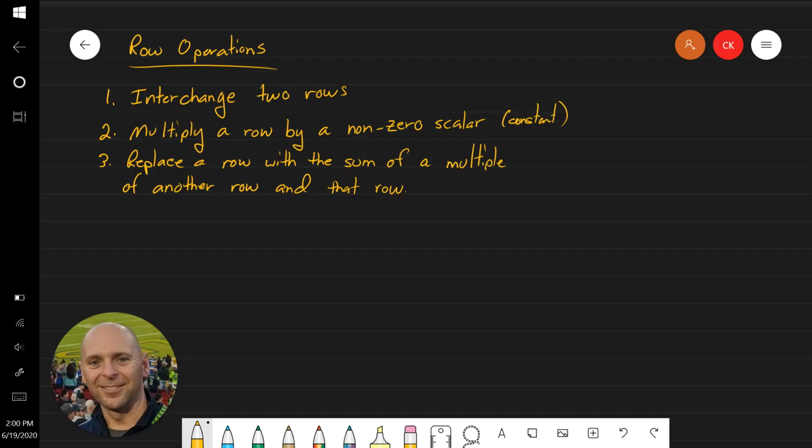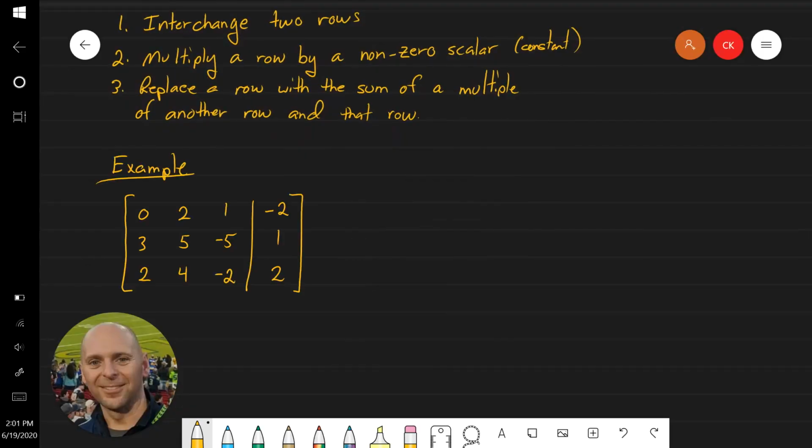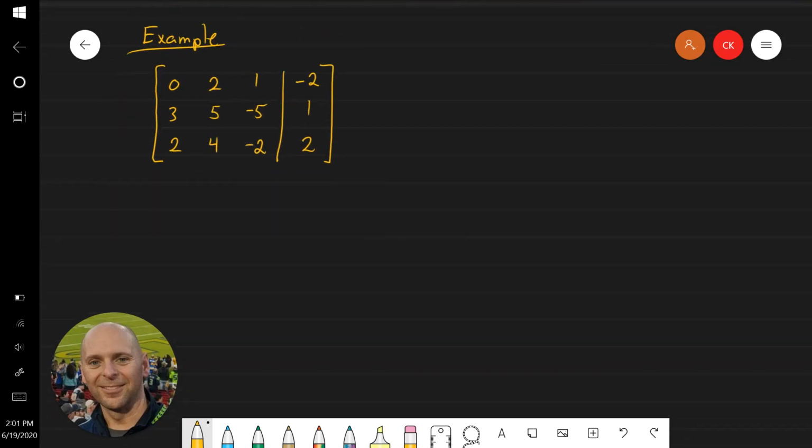So let's work through an example and see how we can apply these particular row operations. So let's start by just swapping a couple rows. Just as an example, I'll go ahead and swap row 1 and row 3. And here's some notation we can use.